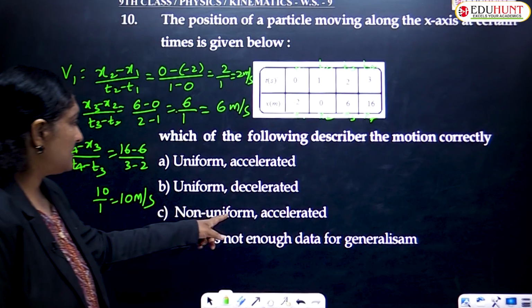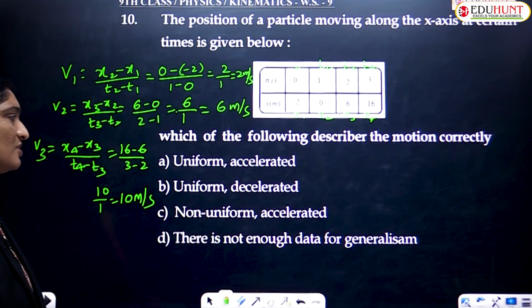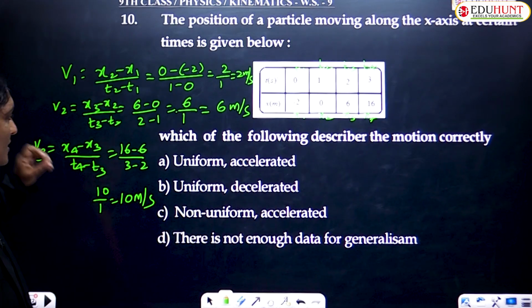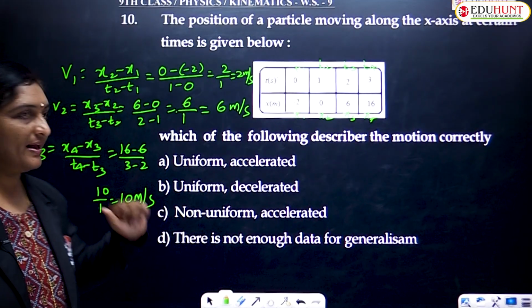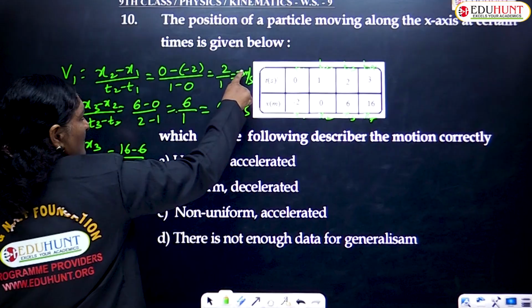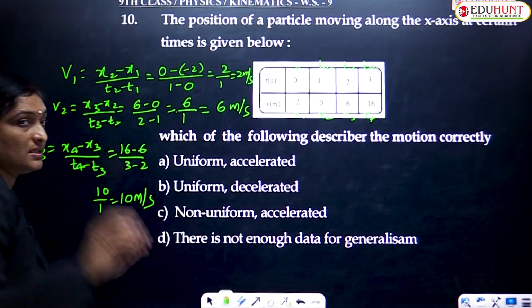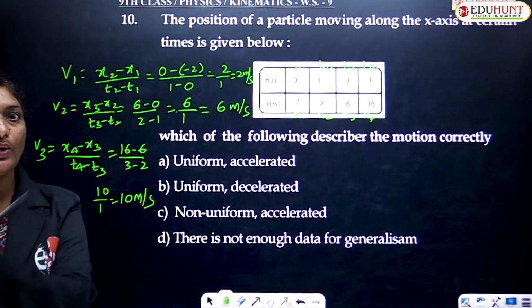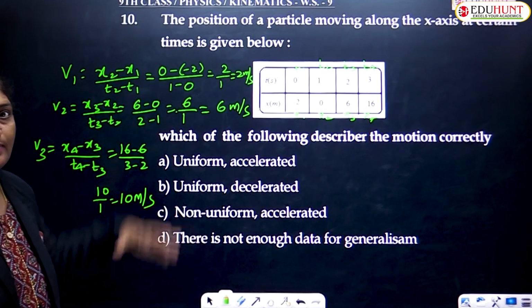Whether it is uniform acceleration or non-uniform acceleration, let us check. In order to understand this, see what the difference is. The difference between 6 and 2 is 4. Here also the difference between 6 and 10 is 4. That means equal intervals of time give equal changes in velocity.